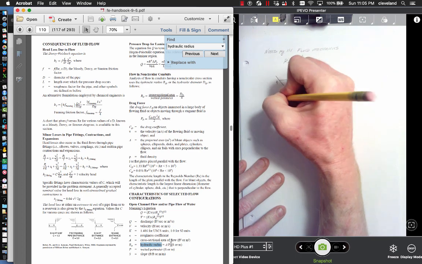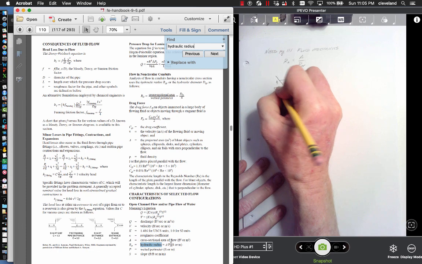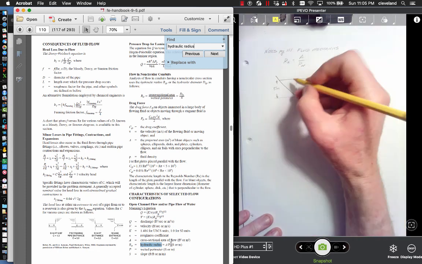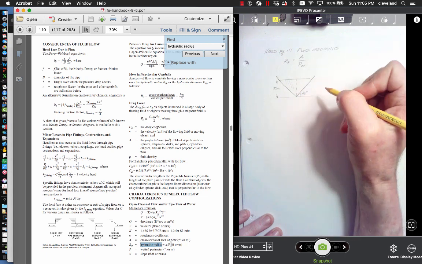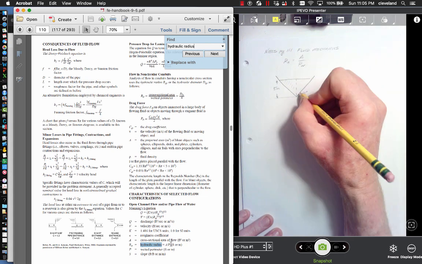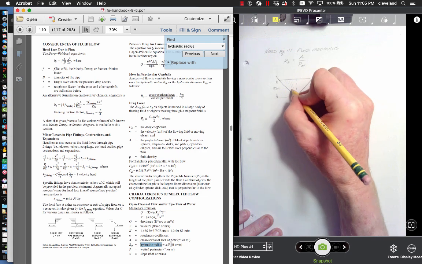We're told that this is 5 meters. So what we need to do is simply find that area and multiply it by 2. If this angle is 45 degrees, then so is that angle.